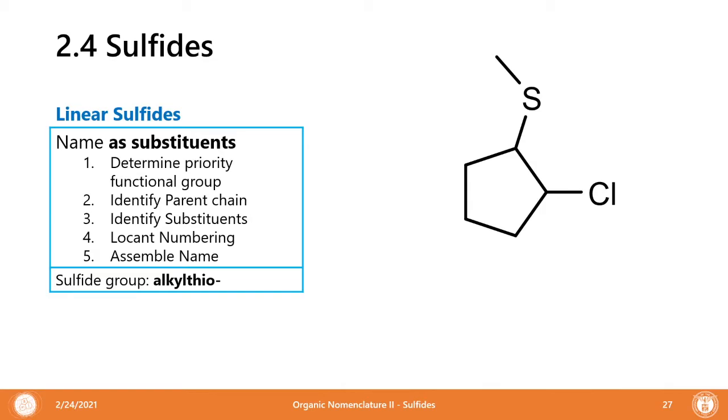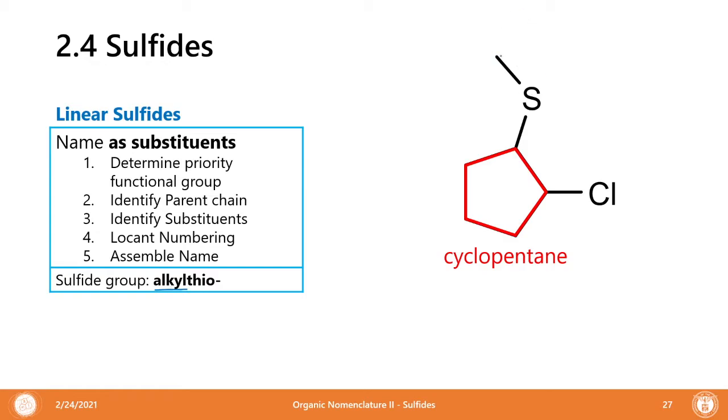We identify the parent chain. We have cyclopentane, and then we establish the substituents. When naming sulfide substituents, we name it using the prefix alkyl thio, the alkyl group being the alkyl group connecting to the sulfur.